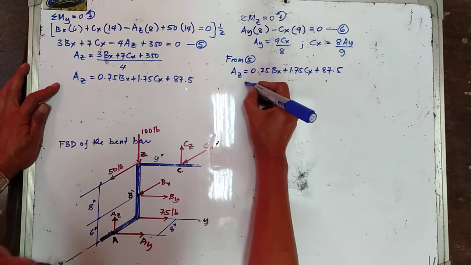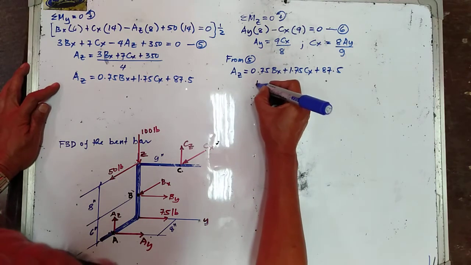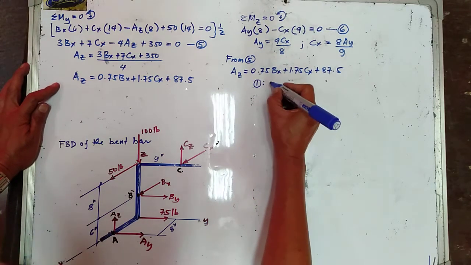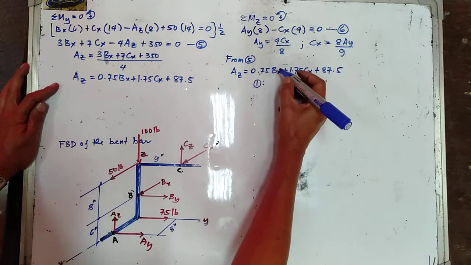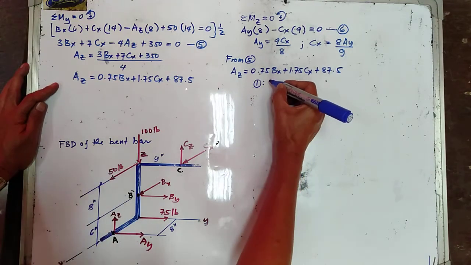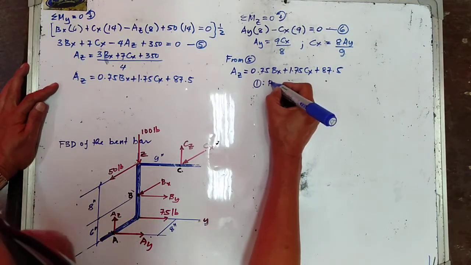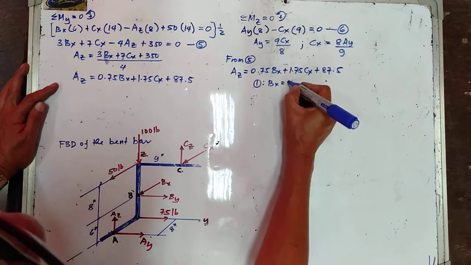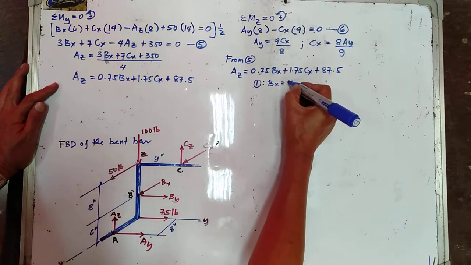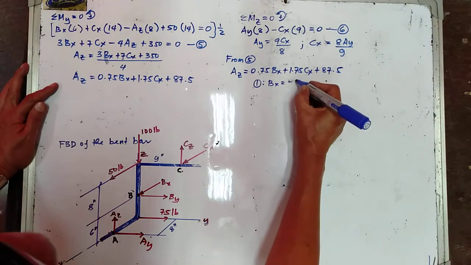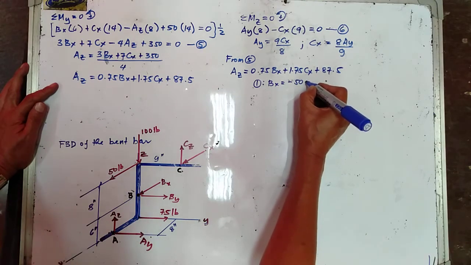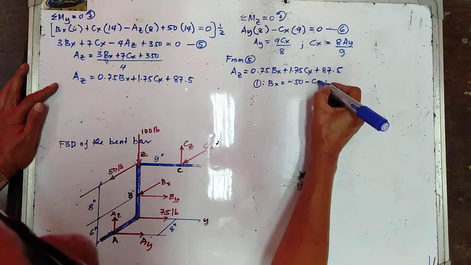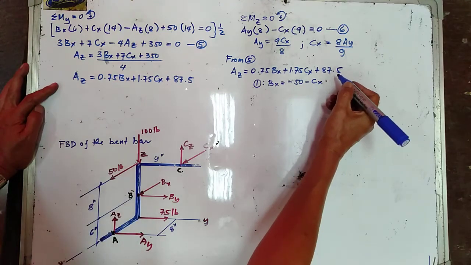So from equation 1, your BX is equal to negative 50 minus CX.